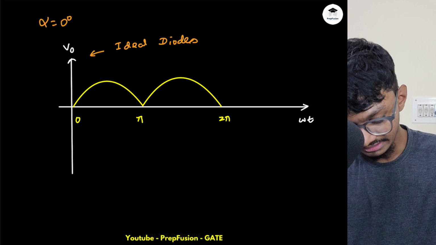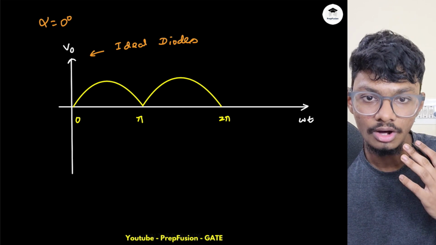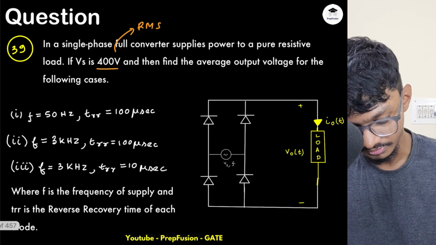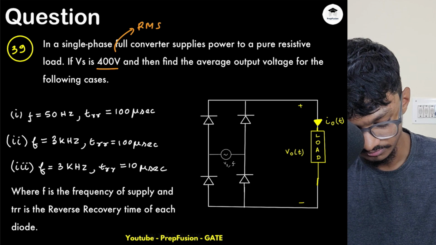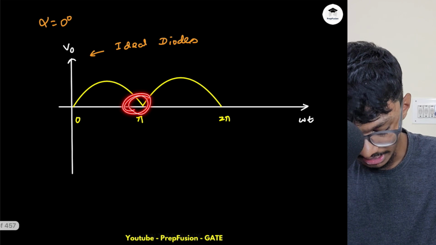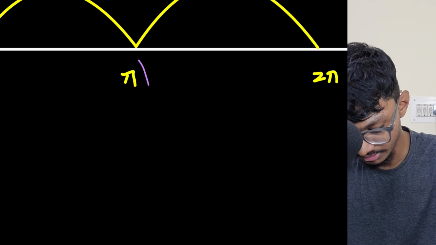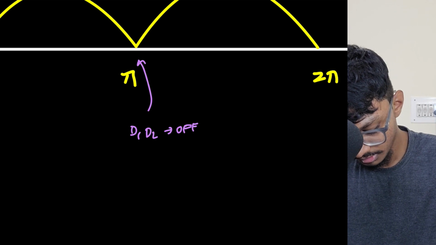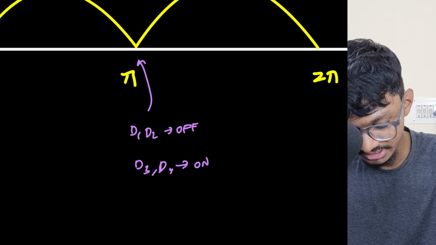But now what is happening is that this diode, to turn off, is taking some time. With reverse recovery, this was already on, and to turn off it takes some time. At this point a transition is happening: D1, D2 are going off and D3, D4 are turning on at this particular instant.